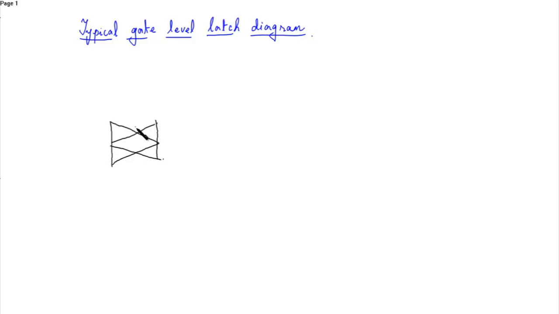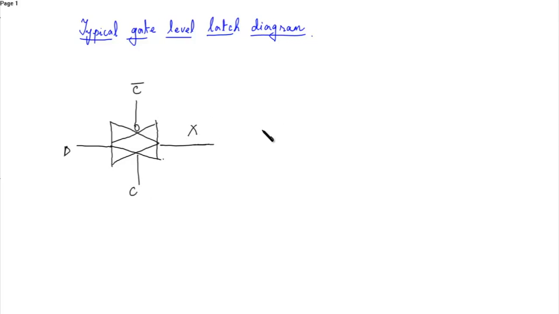This is transmission gate 1. The input is D. This is X. This is C, and this is C bar, the complementary.